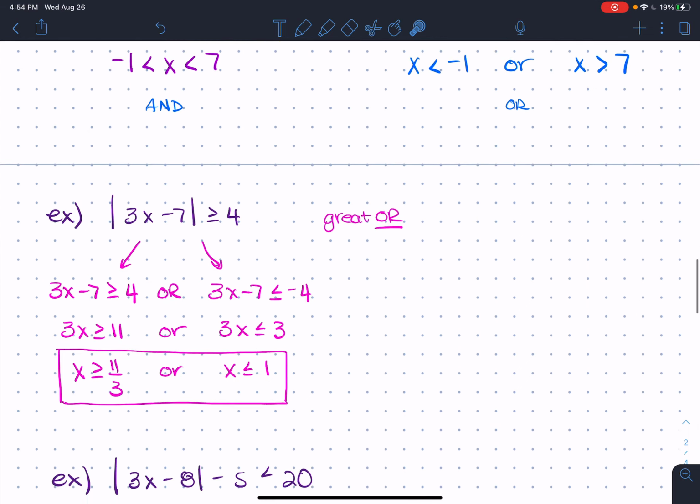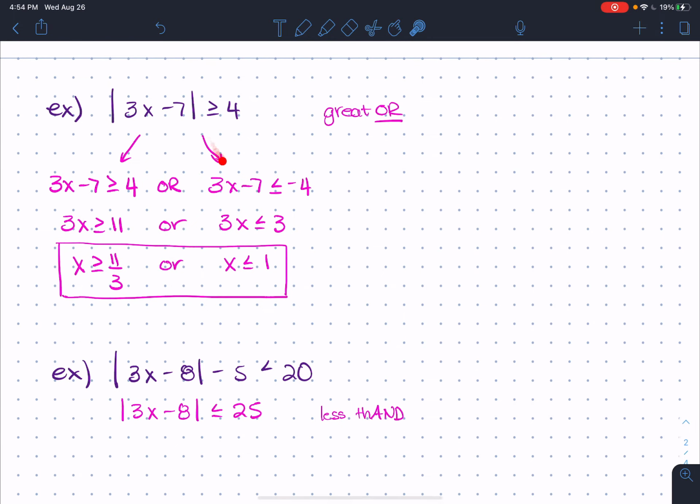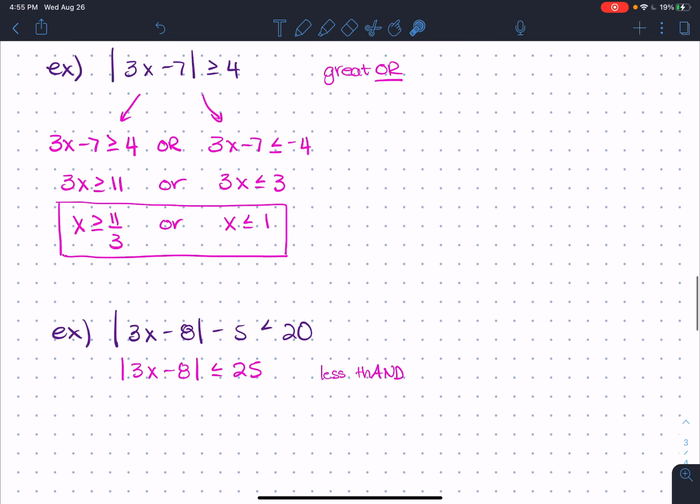But if you actually want to split it into 2 separate inequalities and put the word and in between and combine them at the end, that's totally fine. But I think it's easier to just do it now. So I'm going to do a negative 25 on one side and the positive 25 on the other side.